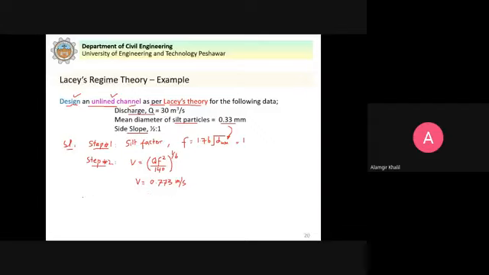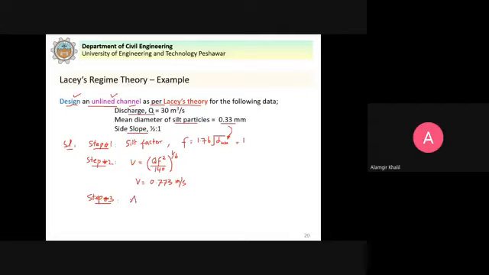Next, we have to calculate the area A, that is step number 3. Velocity we have calculated in step number 2, discharge is given.